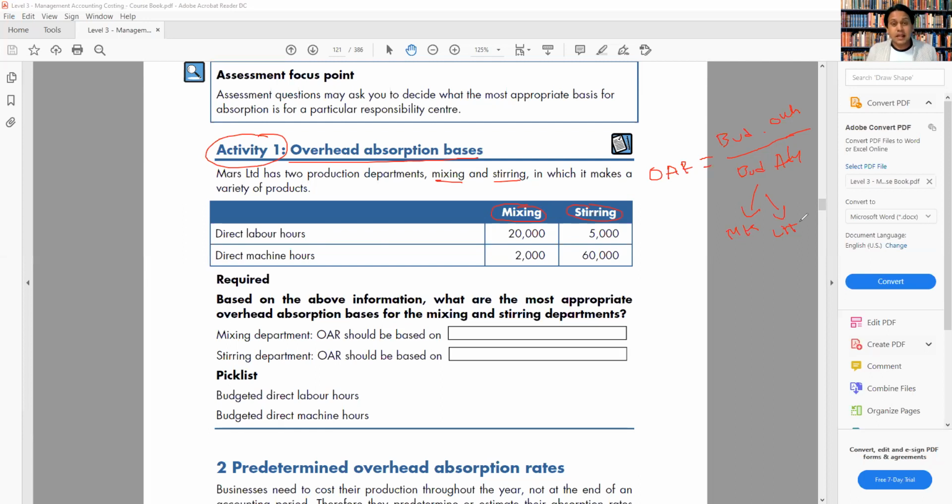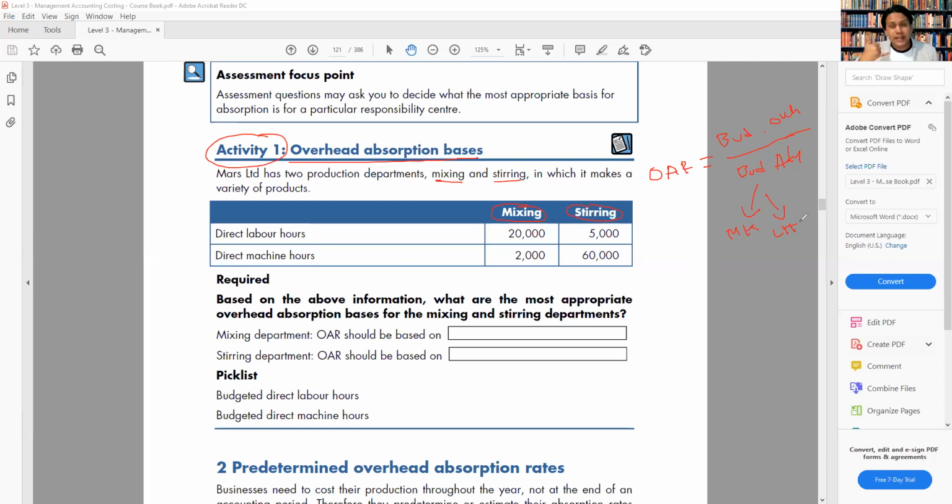It will depend. Does that organization depend on machine, or does that organization depend on labor? Be very careful. If the organization depends on labor, that means you're going to choose the labor hour when you do the OAR, overhead absorption rate. But if the organization depends on machine, we have to use the machine. For example, let's say customer service.